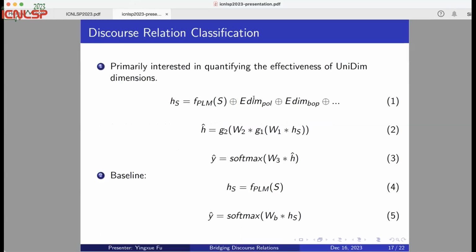Then we use the embeddings of those dimensions and concatenate the input with those dimensions, and then we feed them to feed-forward networks to get the representation, and then we apply a classifier over the representation. The baseline is just to use the language model for classification without using those dimensions.